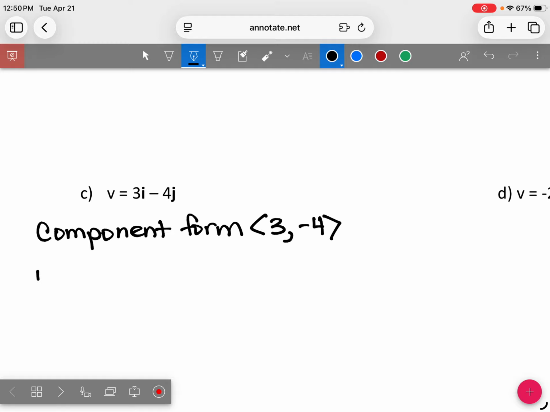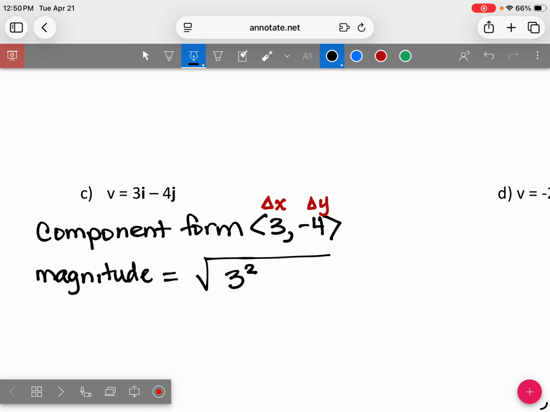So now let's find our magnitude. This is your delta X. This is your delta Y. So the magnitude is the square root of your delta X squared plus delta Y squared. Go ahead and figure out what that is.